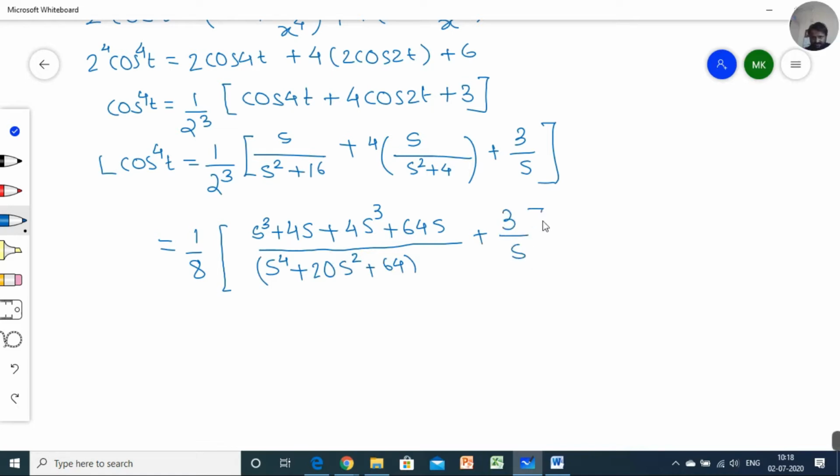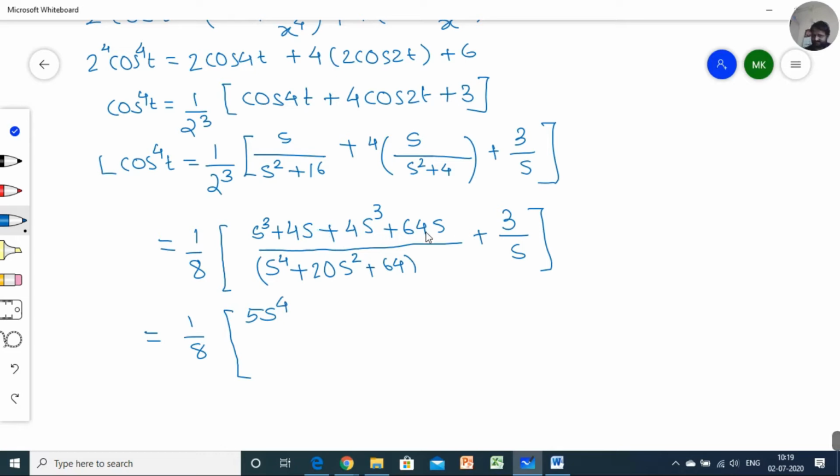Now in the next step you can simplify, so 1 by 8 as it is. While simplifying, I'm writing this part directly, so s cube plus 4s cube becomes 5s cube into s, that is 5s raised to power 4.